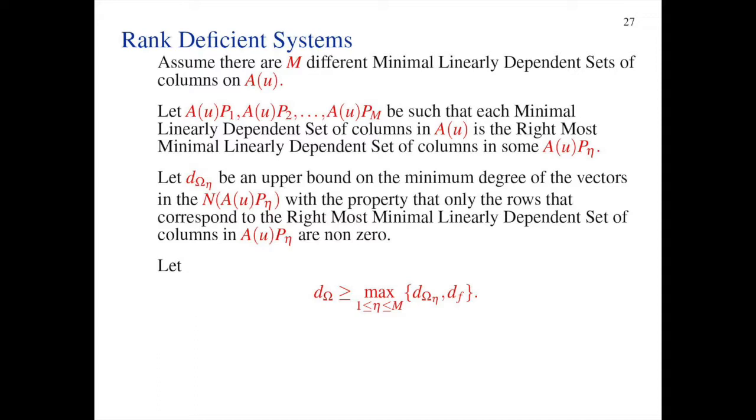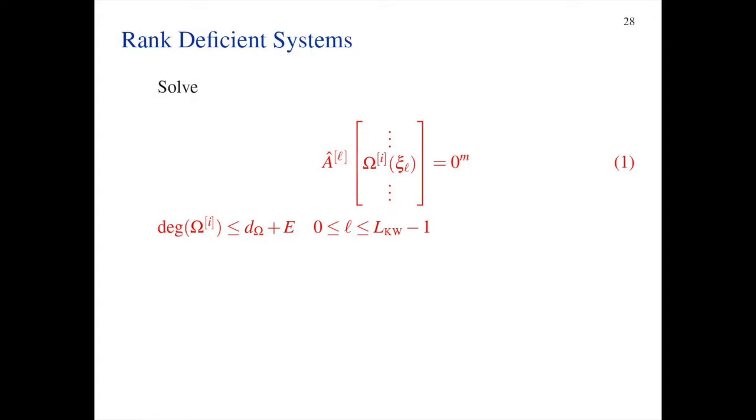But what I want to do is recover those places where the null space of A is not contained in the null space of the A hats, or the two null spaces are not the same. How do I figure that out? So I use this bound.